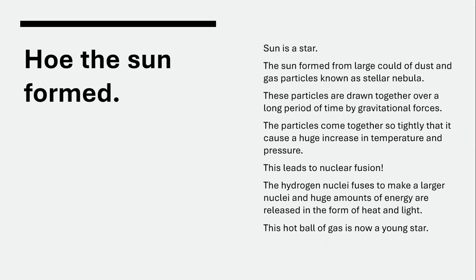Now, because of the gravitational forces, the dust particles and the gas particles were all attracted towards each other, and they started to come closer and closer to each other. Now, this was not a quick process.